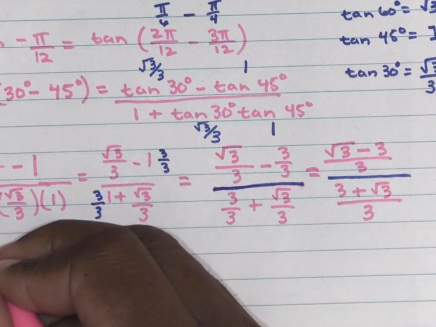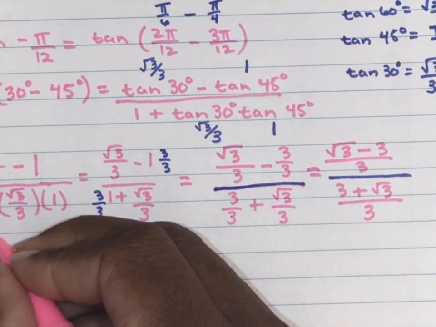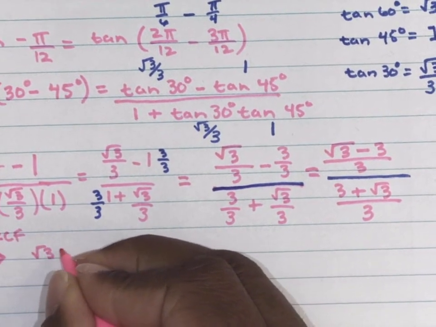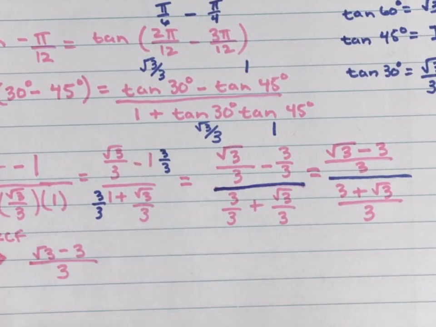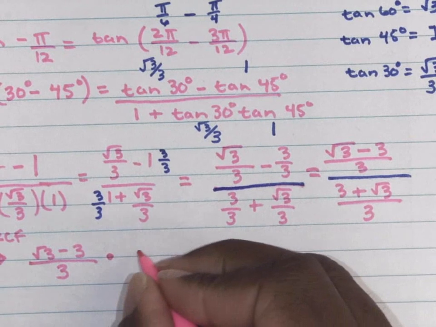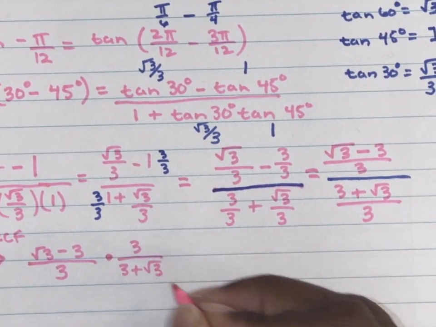So next I'll come down and I'll keep, change, flip. I'll keep the top, root 3 minus 3 over 3. I'll change the multiplication, and then I'll flip the bottom, 3 over 3 plus root 3.